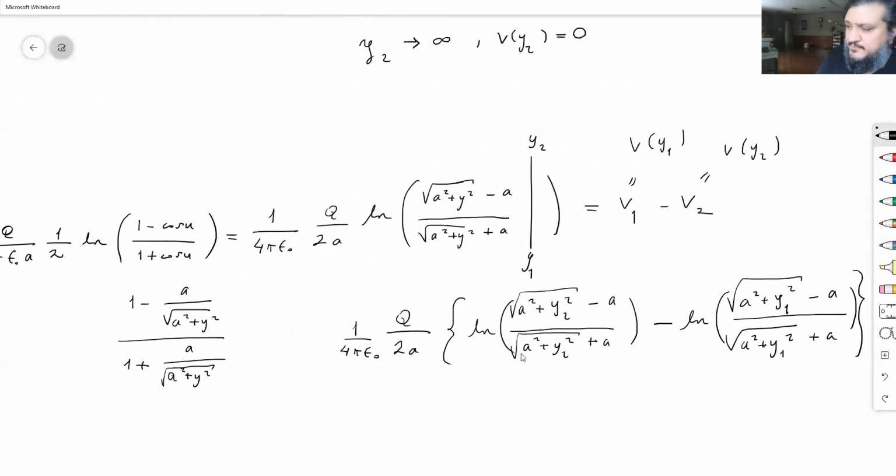Okay, now check for a second if that assumption makes sense. Well, I said when y2 goes to infinity, we want 0 potential. So this here actually does go to 0, because for an infinite y, a doesn't matter. So the argument of the logarithm function goes to 1, and ln 1 is 0, right?